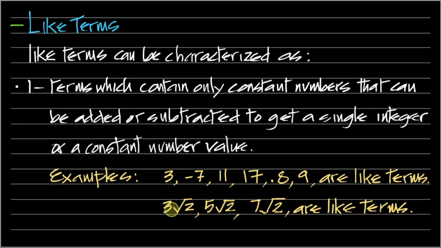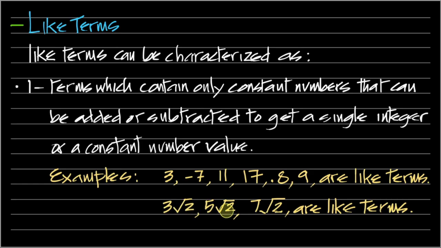Next, 3 root 2, 5 root 2, and 7 root 2 are like terms. Why? Because root 2, which is an irrational number, is common in the three terms.